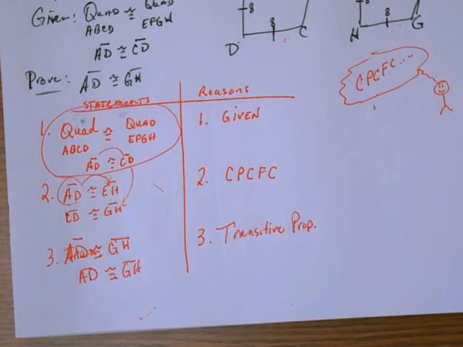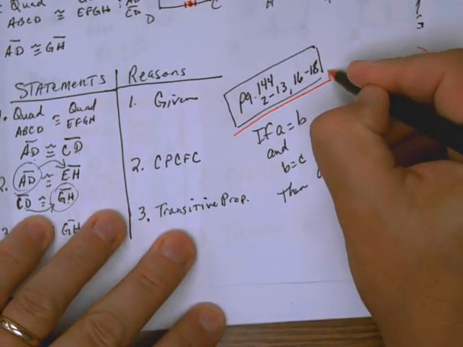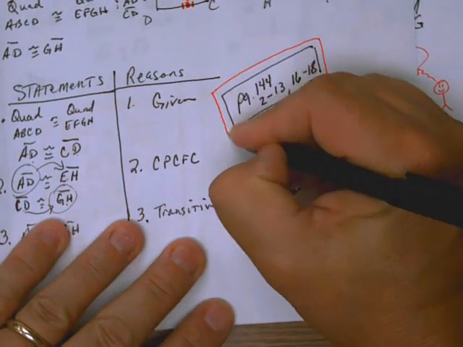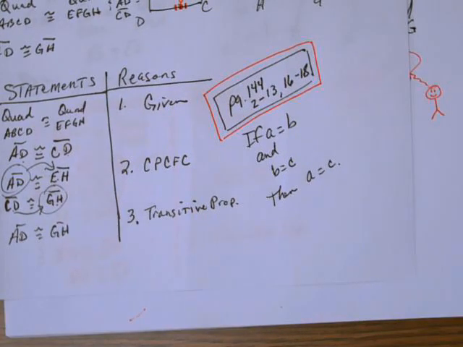All right. Here's your assignment. You're going to have a lot of time here in class. I want you to work on it. Try and get it done. Page 144, 2 through 13, 16 through 18. There's only one proof. Do not skip it. Do it.